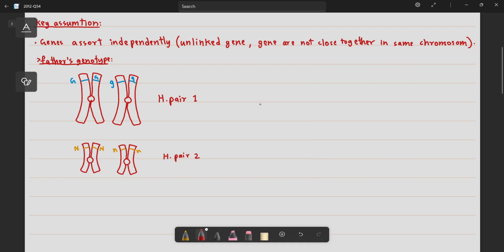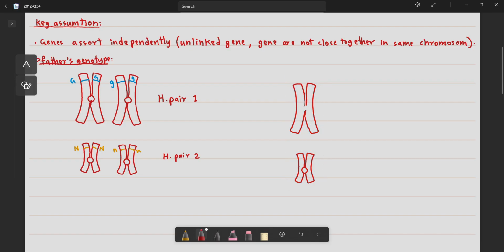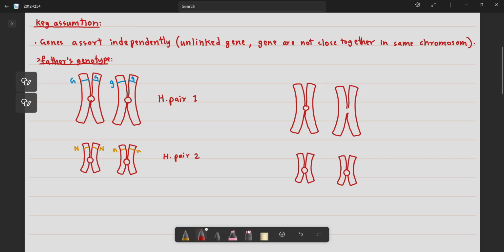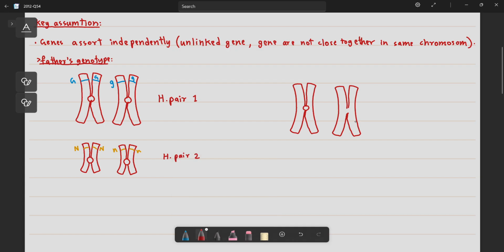There might be some confusion that most people make, so the most common mistake you might make in the exam is that some people think there are two genes being carried by a single chromosome.